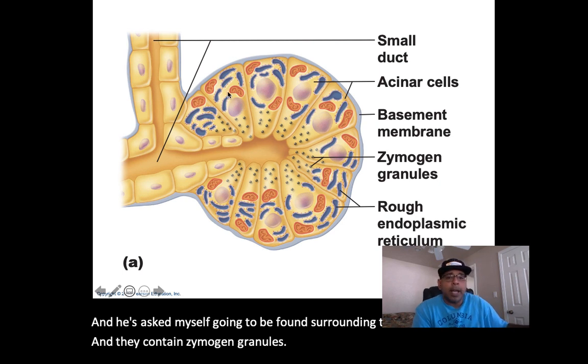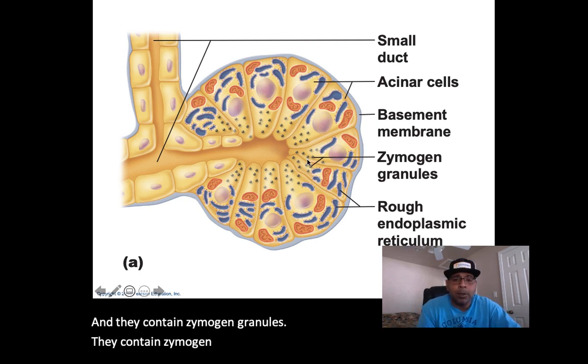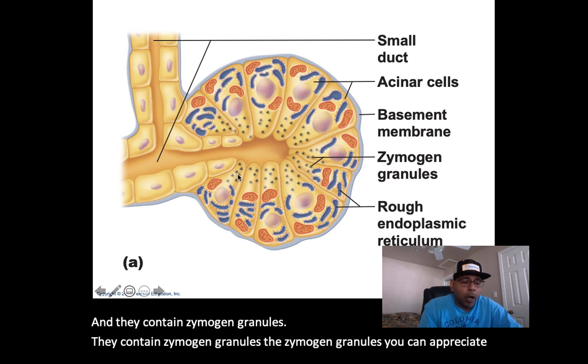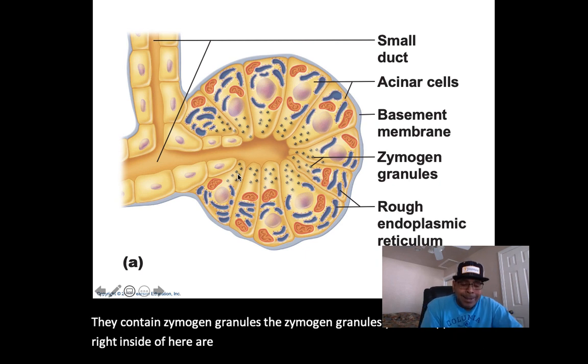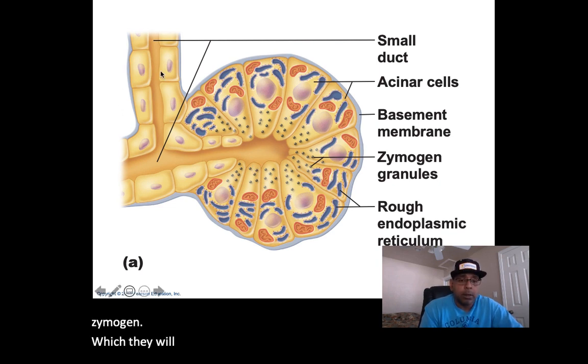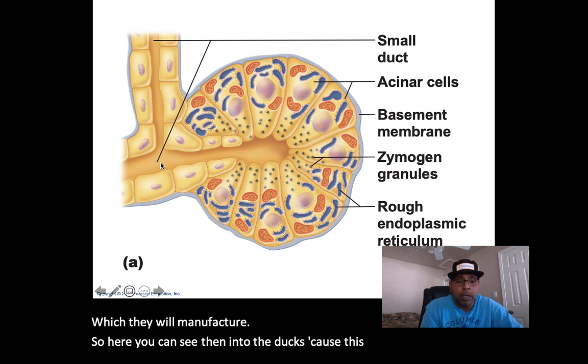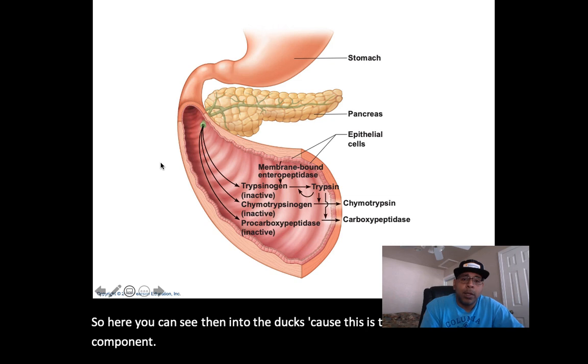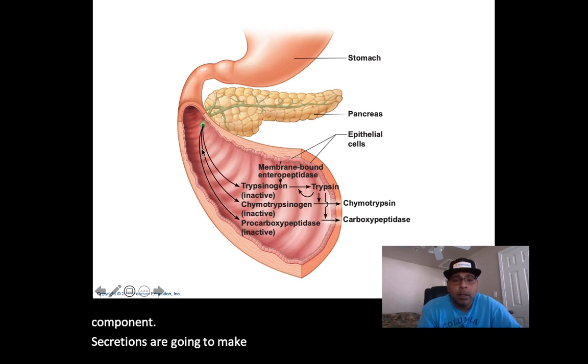These zymogen granules you can appreciate right inside of here are going to be containing digestive enzymes called zymogens, which they will manufacture. So here you can see then into the ducts, because this is the exocrine component, the secretions are going to make their way into the duodenum.